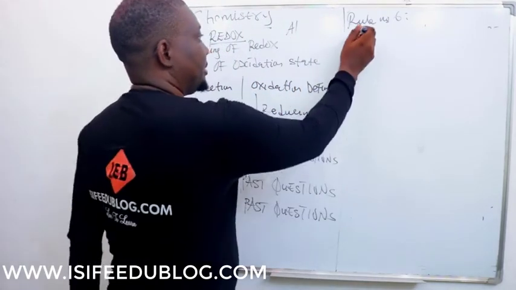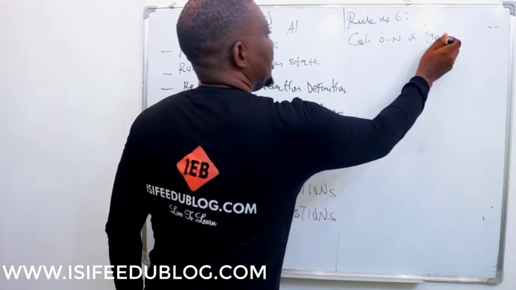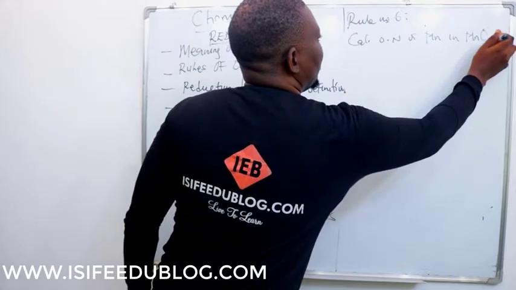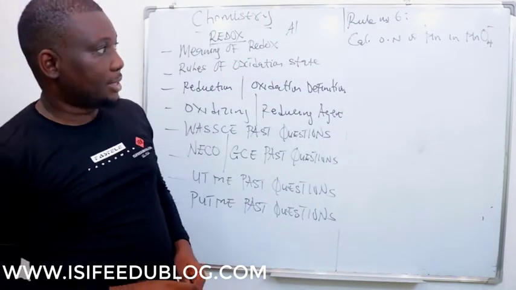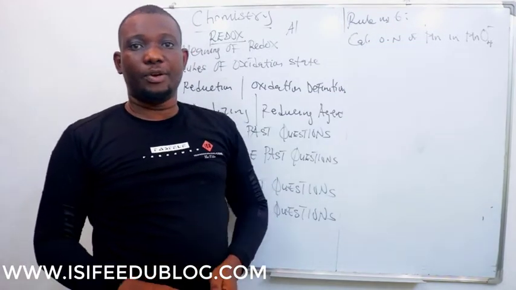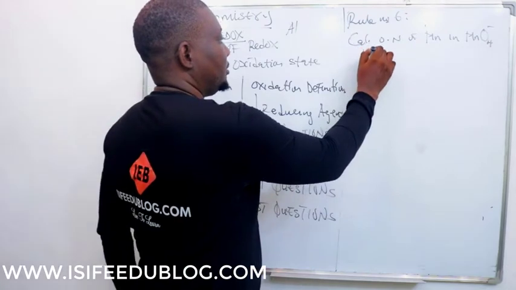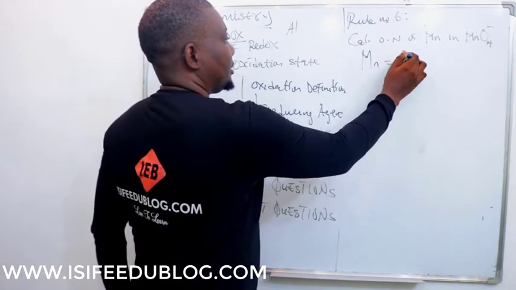We ask you to calculate the oxidation state of Mn in MnO4 minus. I would like you to try, pause the video and see if you can solve it. And if you do that, try to give the name of the compound. Very simple. Okay, what do we do? Since you're looking for Mn, we take Mn to be x.